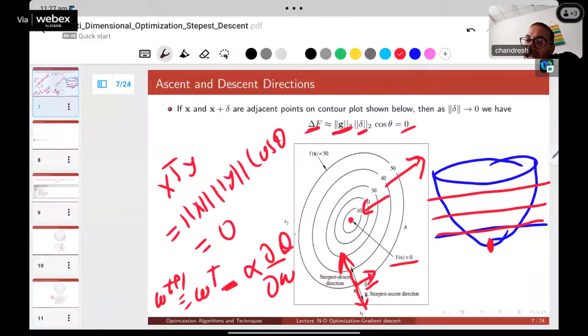And among these circles, the smallest circle will contain our minimum point, yes or no? So if I cut here, I will get the smallest circle. This circle contains the minimum point of this function. So that's why we are going toward the center.